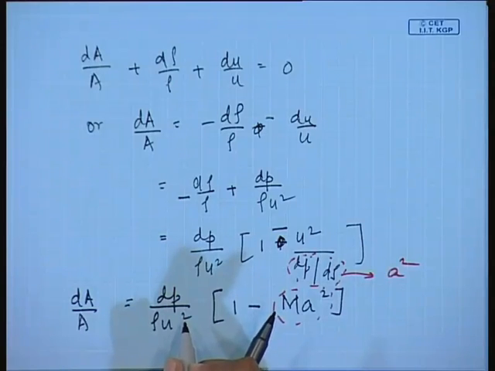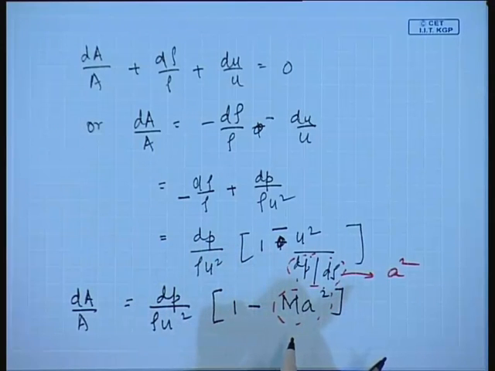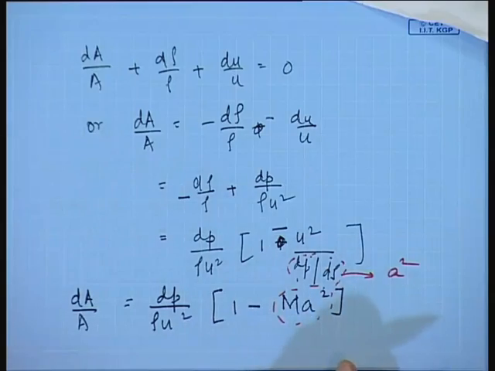And similarly, if the Mach number is greater than 1, just the reverse takes place. Is this part clear to you, that for Mach number less than 1, an area change causes a pressure change of the same sign, and for Mach number greater than 1, an area change causes a pressure change of the opposite sign? Agreed? Achha. Now, let us see how area change affects velocity change.